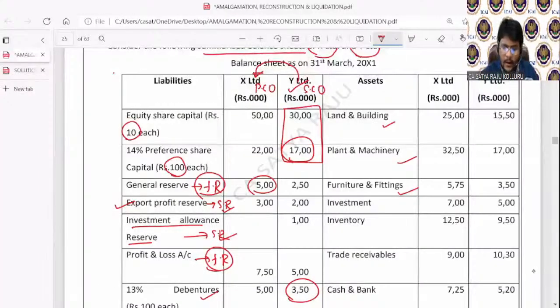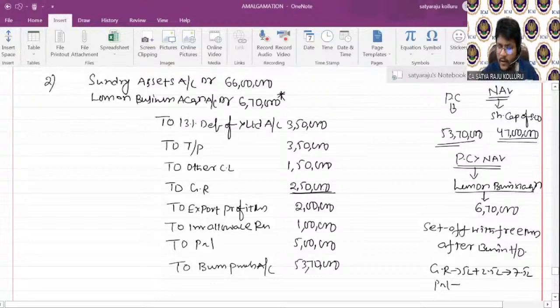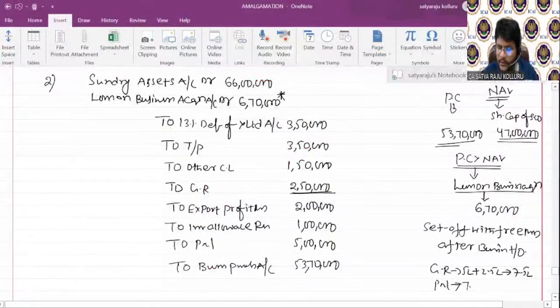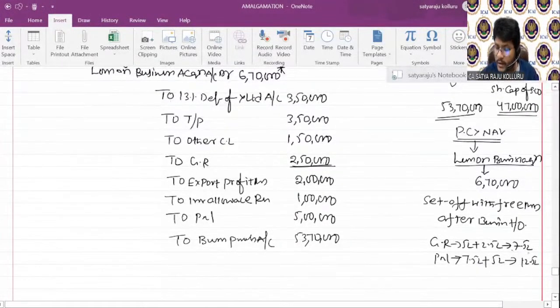Next, profit and loss account 7,50,000 of the purchasing company as well as 5 lakhs for me. P&L account 7,50,000 plus 5 lakh, total 12.5 lakhs. So general reserve is 7.5 lakhs in total, and profit and loss account is 12.5 lakhs.